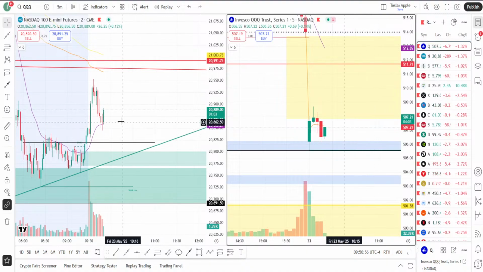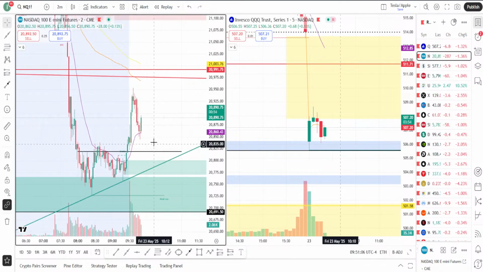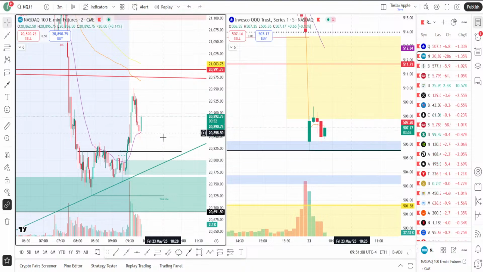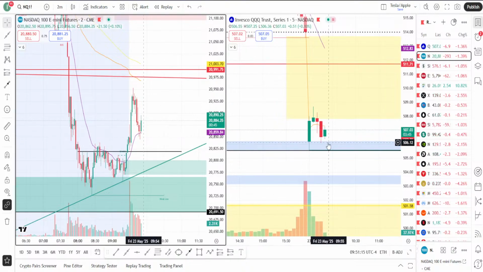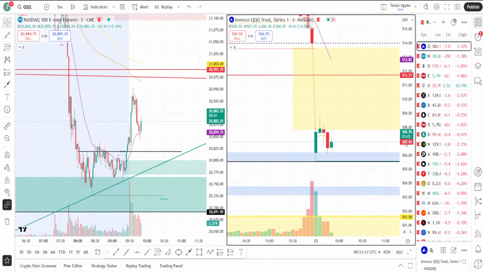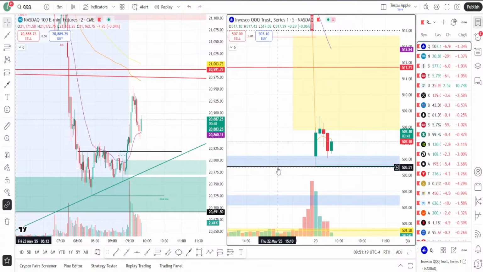Alright, looks like buyers are stepping in kind of strong here. I may jump back on buys here, depending how this candle closes. Depending how this candle closes, we could take some calls.